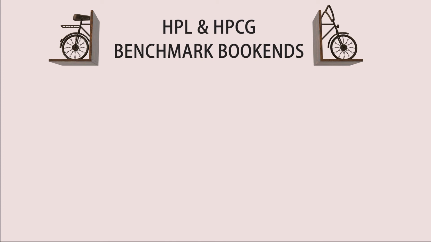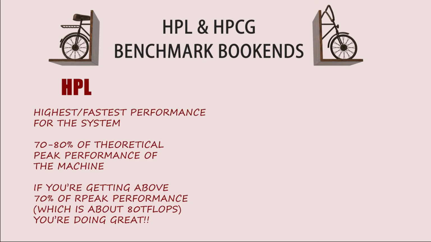Yes, that's a good way to phrase it. I refer to it as bookends, where HPL is the fastest performance that you're going to be able to achieve on the machine. For most applications, that'll be the very top end. And HPCG will be at the bottom end of performance. That sort of encompasses the range.